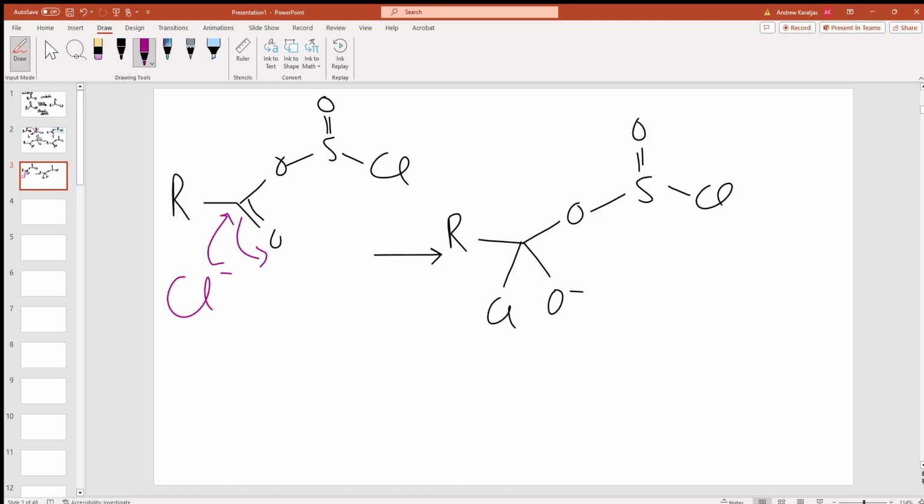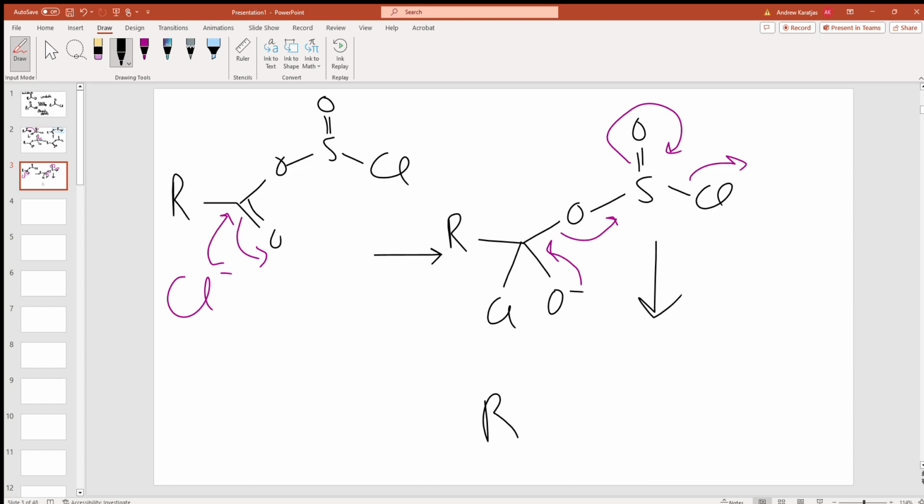And then that tetrahedral intermediate breaks down by reformation of the carbonyl and kicking out of the leaving group, which then falls apart to give us our product.